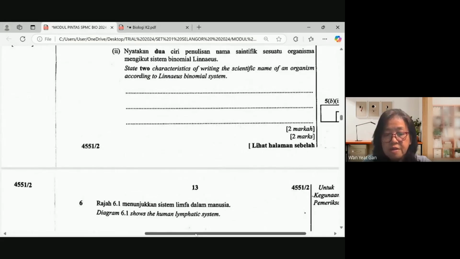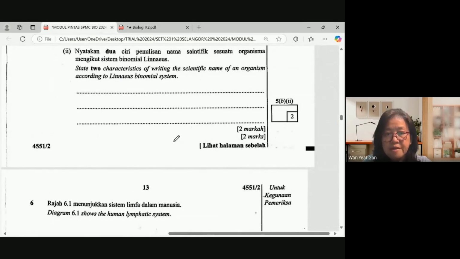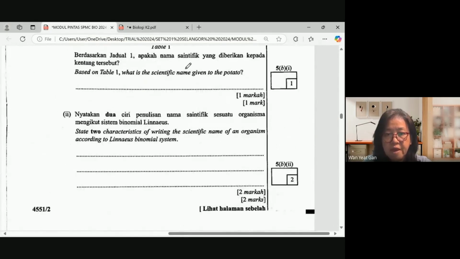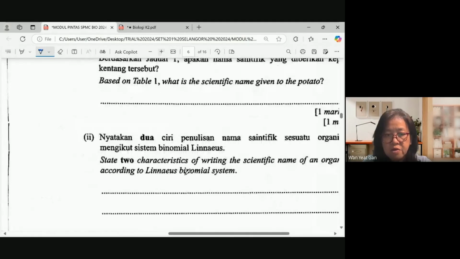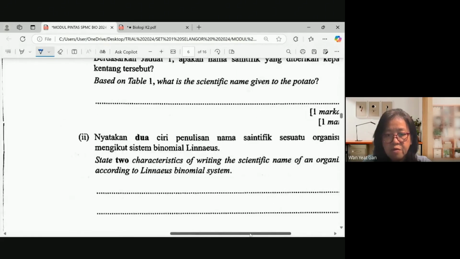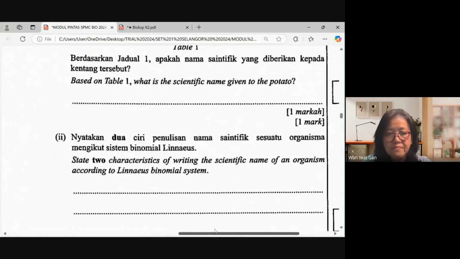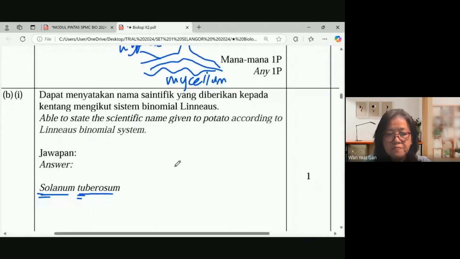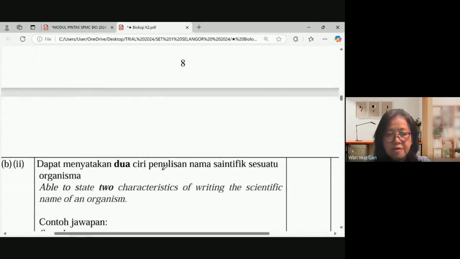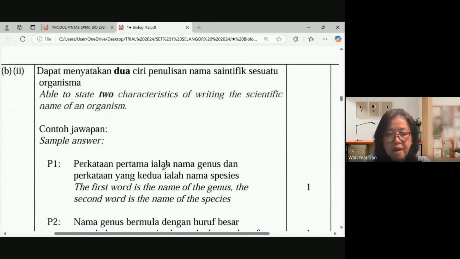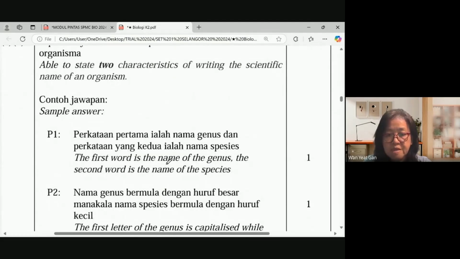State 2 characteristic of writing the scientific name of an organism according to Linnaeus binomial system. Okay, so the two characteristics are the first word must be the name of the genus, while the second word is the name of the species.